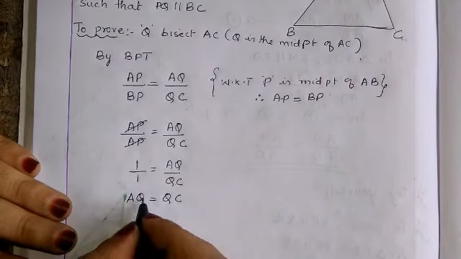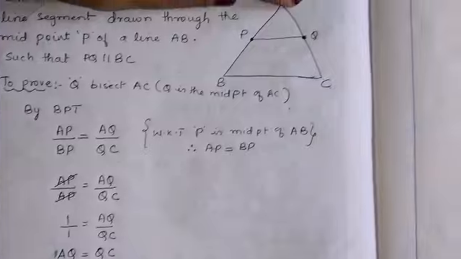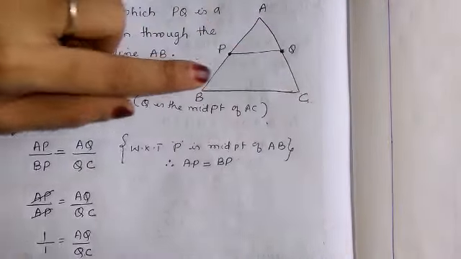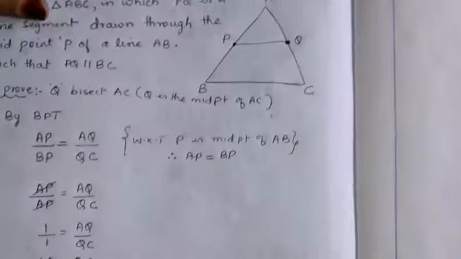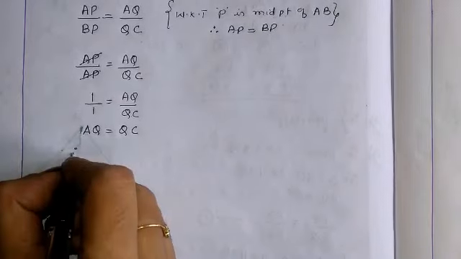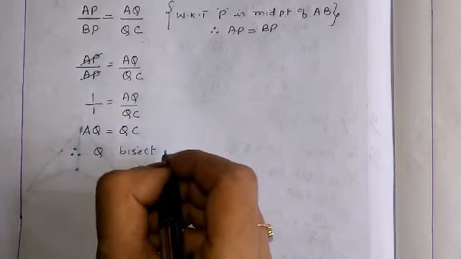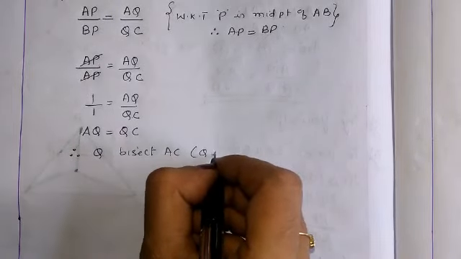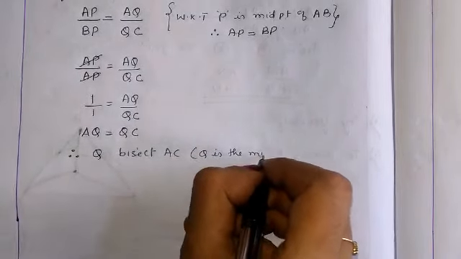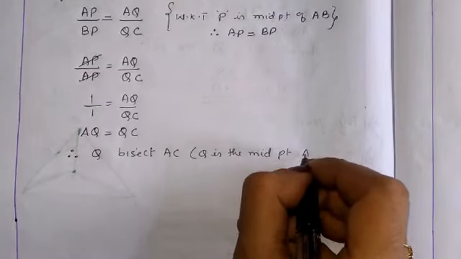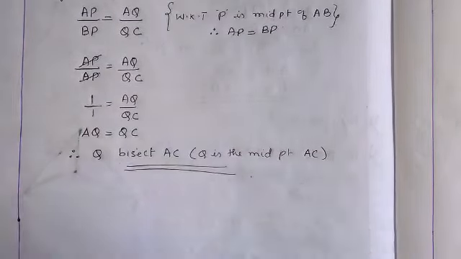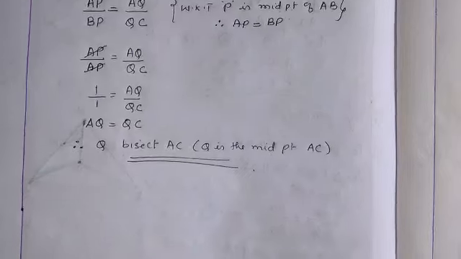We can see now AQ is equal to QC. That is nothing but Q bisects AC. Therefore we got the answer: Q bisects AC, or Q is the midpoint of AC. So we proved question number 7.